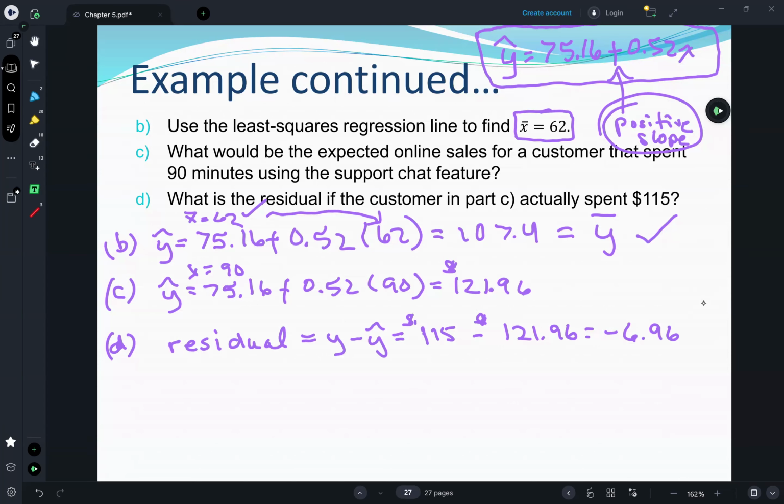So our residual formula is Y minus Y hat, which is going to be Y is 115 given by the question, subtract $121.96 that we got from part C, and the leftover is negative 6.96, which means that our prediction was overestimated by $6.96.